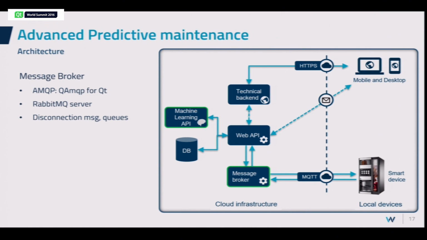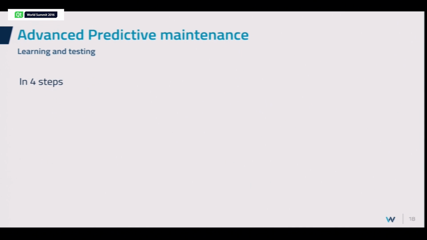It means your machine wants to send data, and even if it's not connected, it will be able to send all the missing data when it reconnects. That's one of the good points of the message broker that we use, which is AMQP, with RabbitMQ as the related server on the cloud. And for the machine learning, in that case, we use Microsoft Machine Learning. Sorry, this one is not open source.